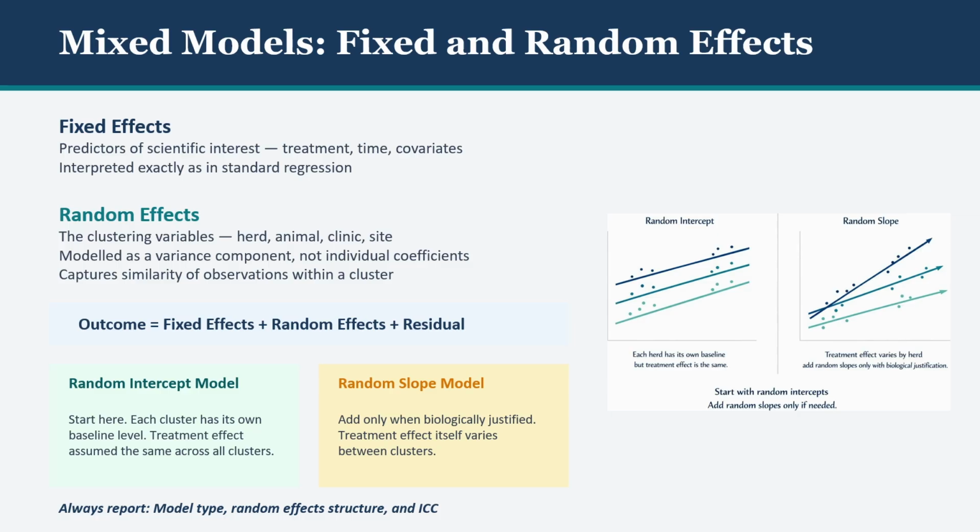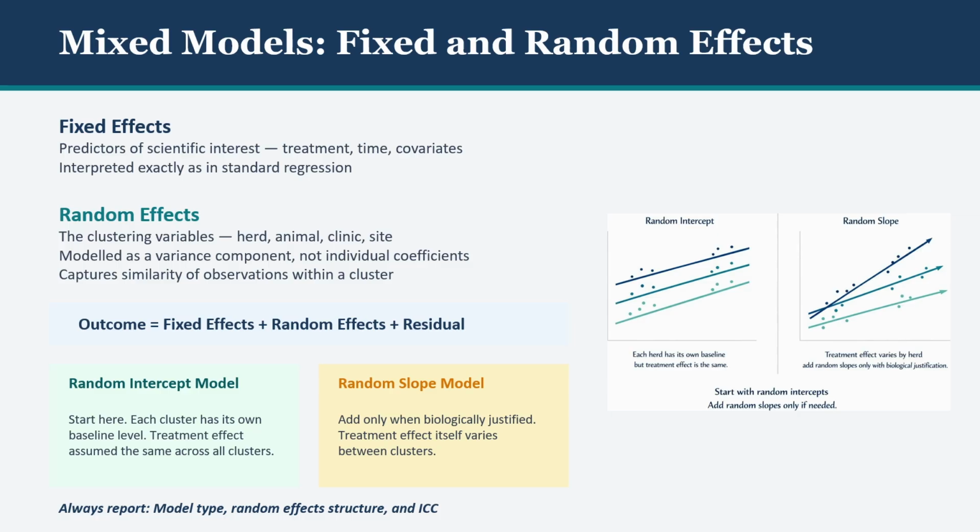The random intercept model, your default starting point, allows each herd to have its own baseline level of the outcome. Some herds just produce more milk. Some herds just have lower mastitis rates. The random intercept accommodates that natural variation. It still assumes the treatment effect is the same magnitude in every herd.